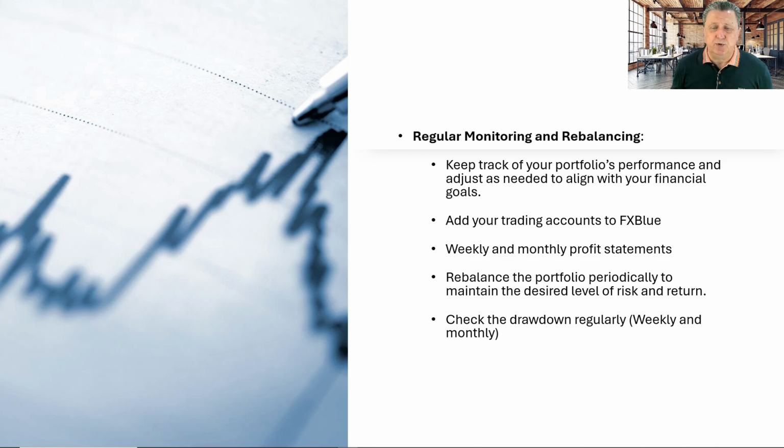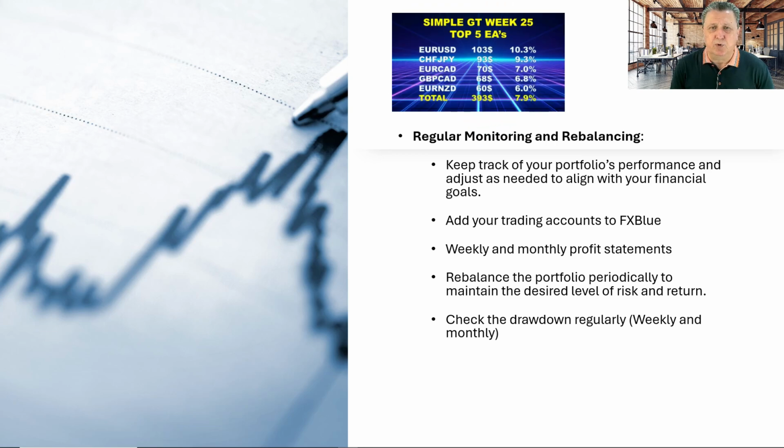So the best way to do this is normally add all your accounts to FX Blue. You will notice that when you go on the High Tech Investment website, we have a lot of FX Blue accounts, and basically they cover both all our demo accounts, and then we have obviously our FX Blue live accounts also in the background. They are not on the website. And again, from there on, we also show you the weekly and the monthly profits in here.